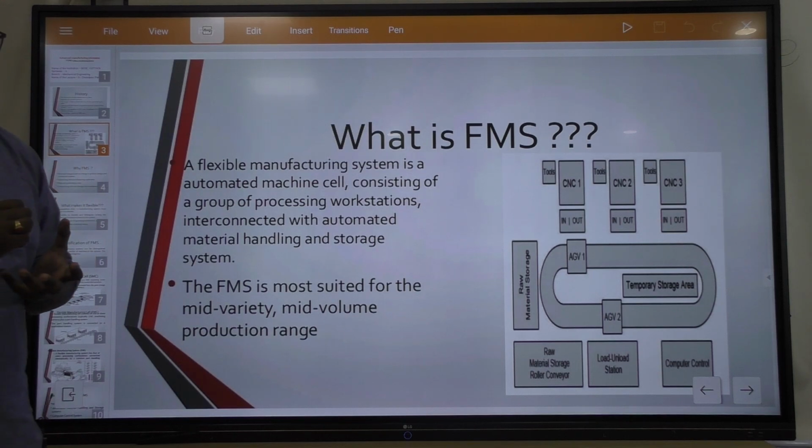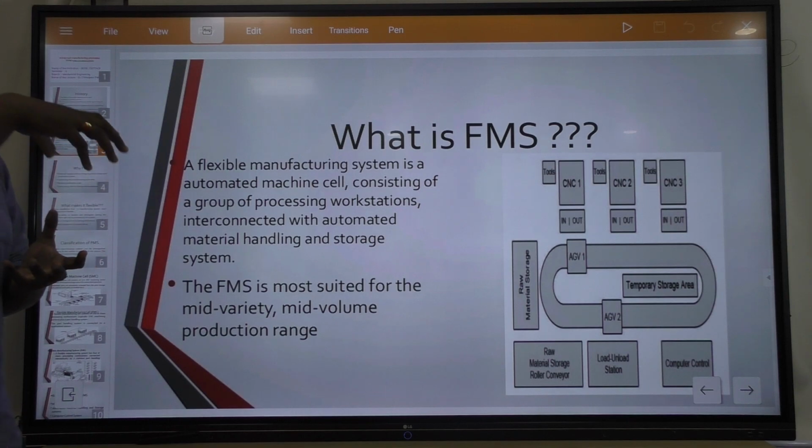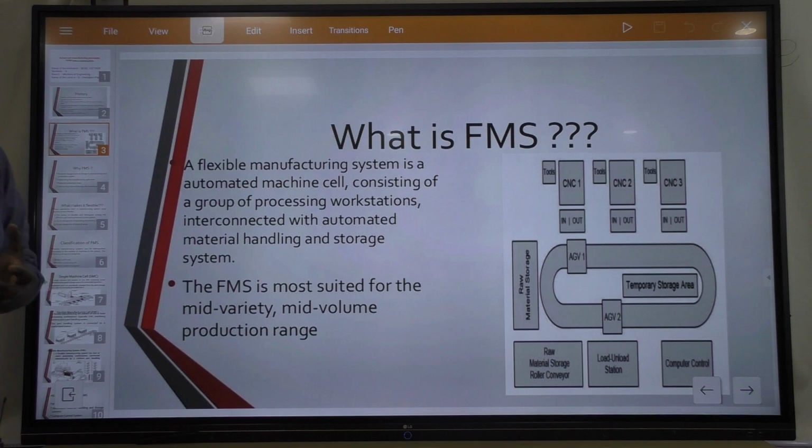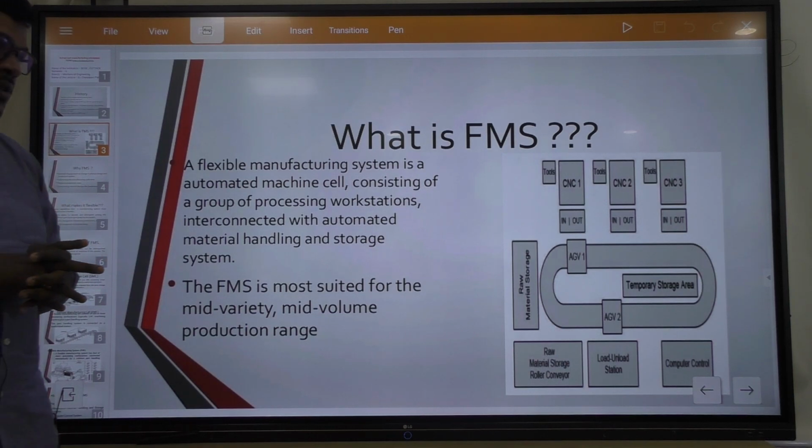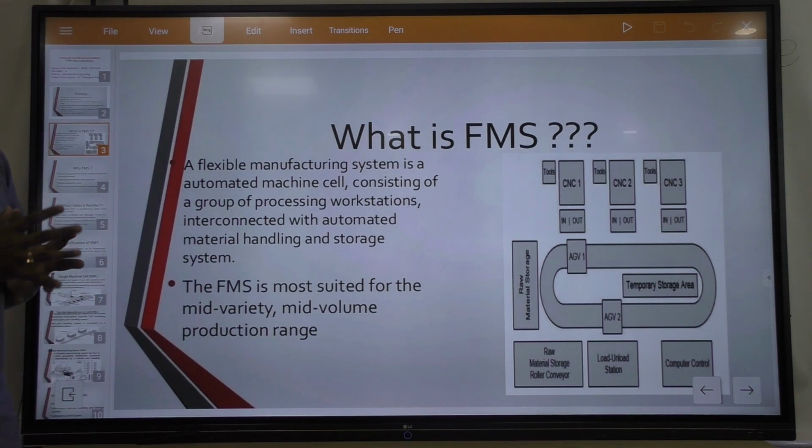After the facing operation is completed, the raw material is carried to the second machine where the drilling operation will be carried out, and the last one is for surface finishing, means grinding. So this whole process is done easily without going to each machine individually.